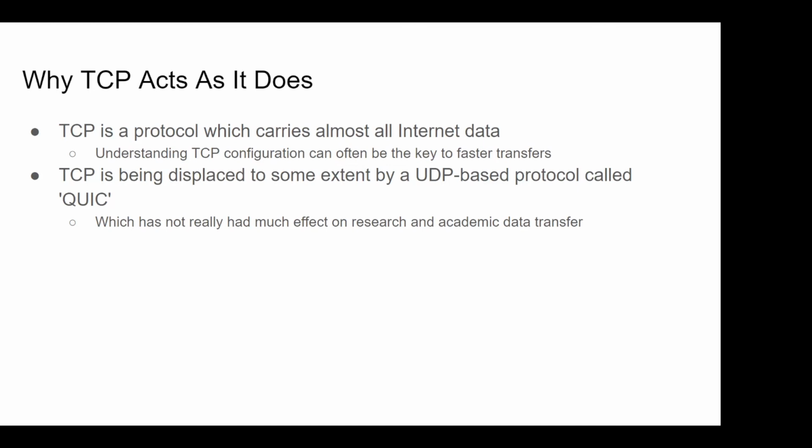TCP is being displaced to some extent by a UDP-based protocol called QUIC. Originally started at Google, it's being codified and standardized in the IETF. It really has not had much effect at this point on research and academic data transfer, although it may very well emerge soon, and you may start to see QUIC transfers.